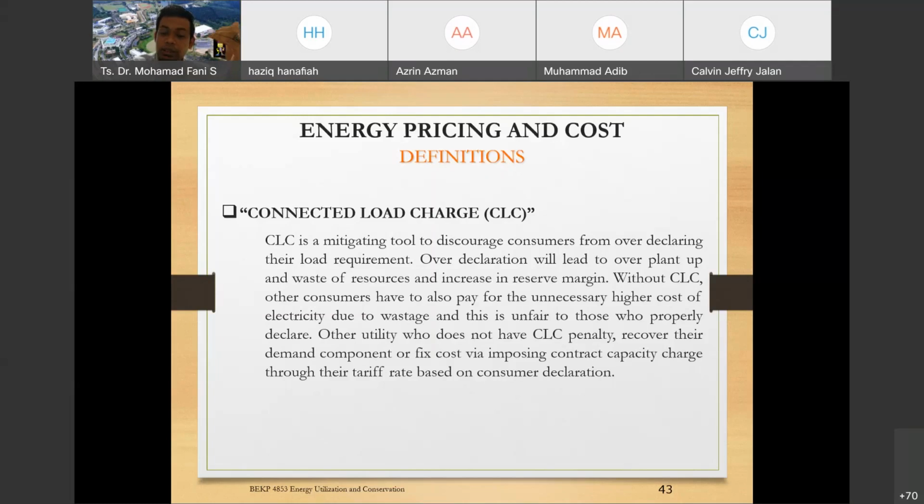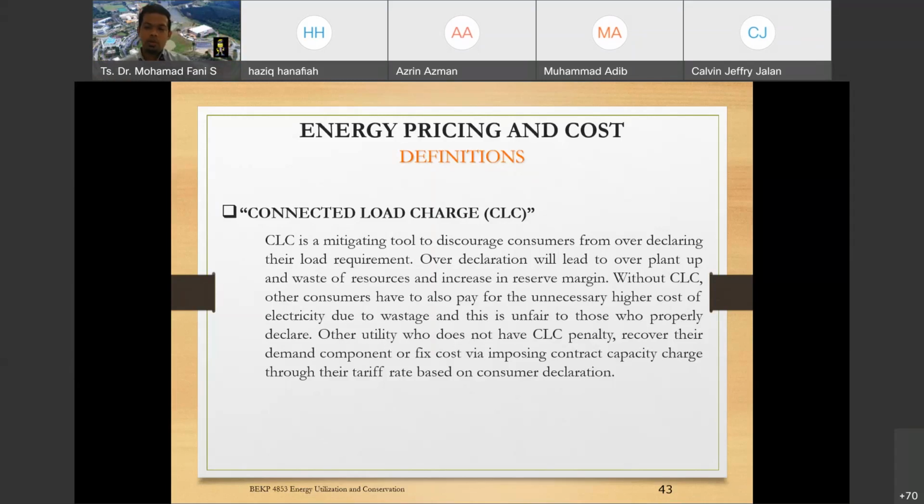a kind of charge, not a penalty, but a charge, because TMB or the utility needs to prepare something if you require more power, for example, 10,000 kilowatt for the maximum demand.